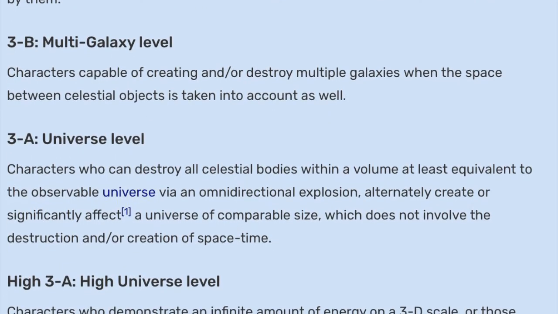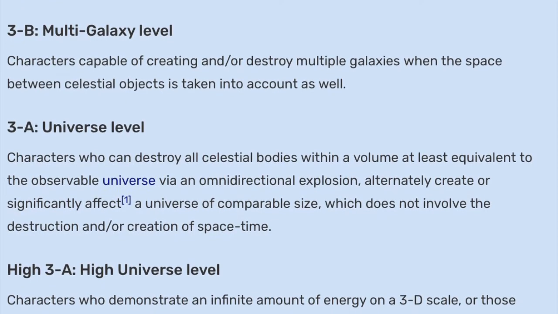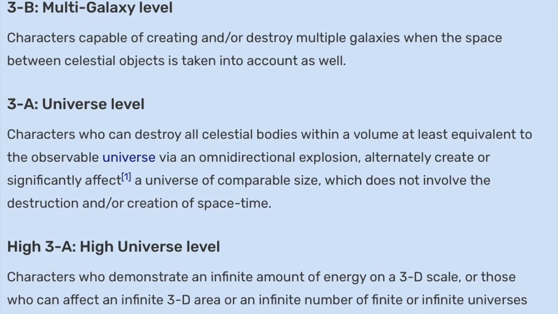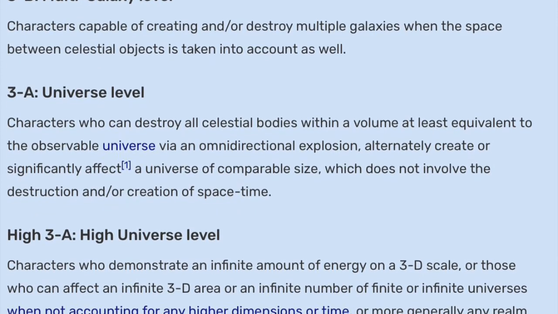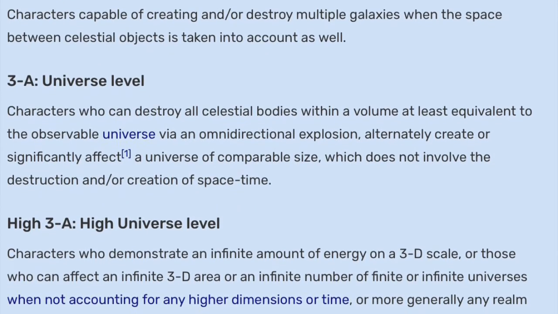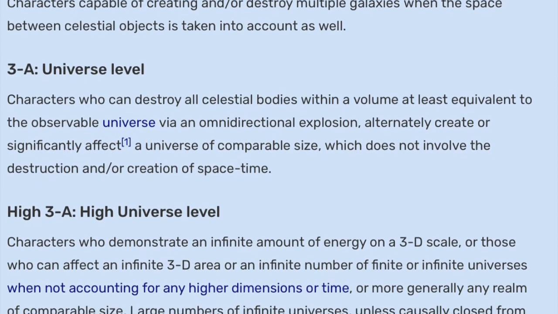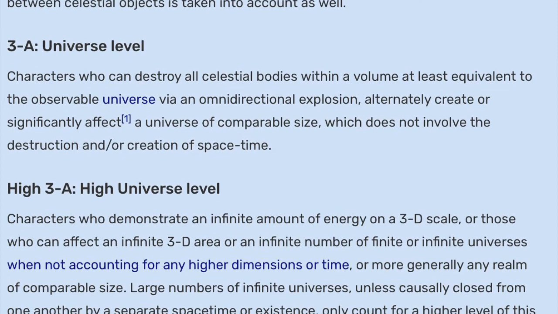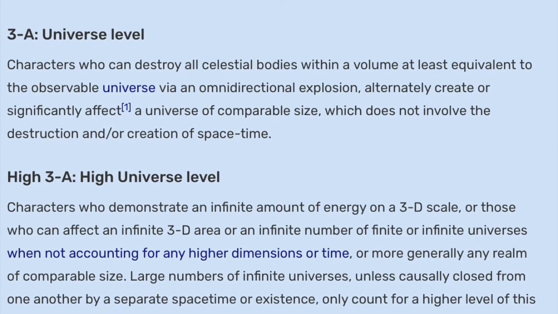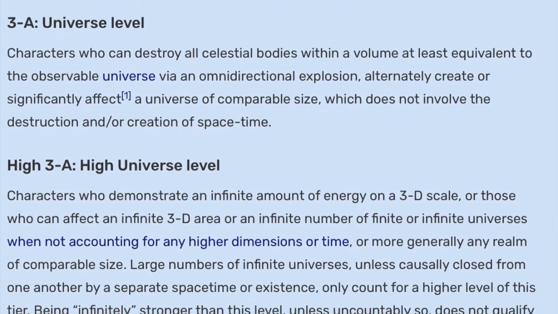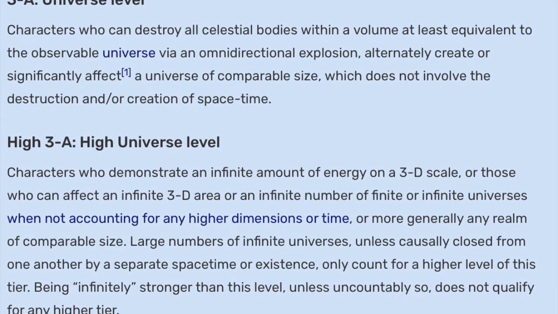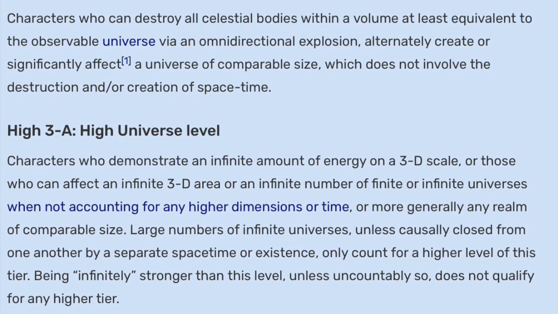You can create or destroy universes and celestial bodies. And now we have high 3A or high universe level. You can release infinite amount of energy on a 3D scale. So we're not counting 4-dimensional or any dimensions higher than 3-dimensional, or time that is incomprehensible beyond 3-dimensional.